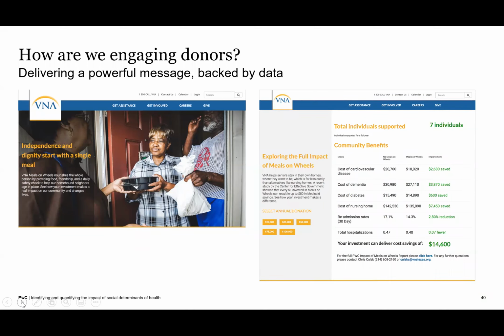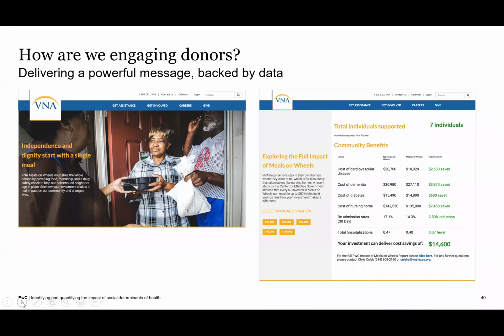We in particular have used this not just in a broad sense, but in direct asks, particularly for larger contributions. We had two very large gifts for us as an agency. We're about a $35 million nonprofit, which is pretty large, but we had two gifts come in last year. One was $2.5 million and one was 1.6, in particular to help take people on a waiting list to receive meals.